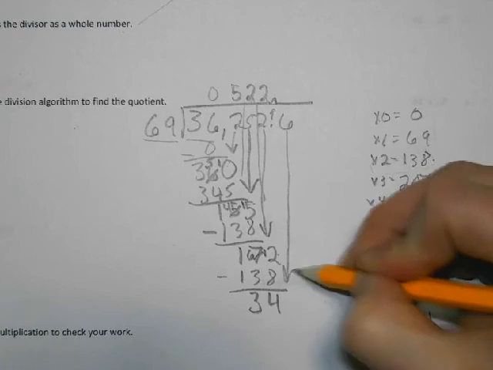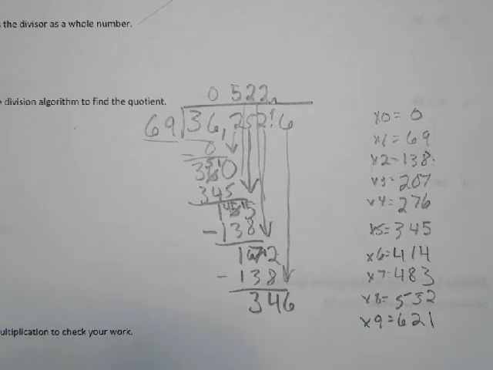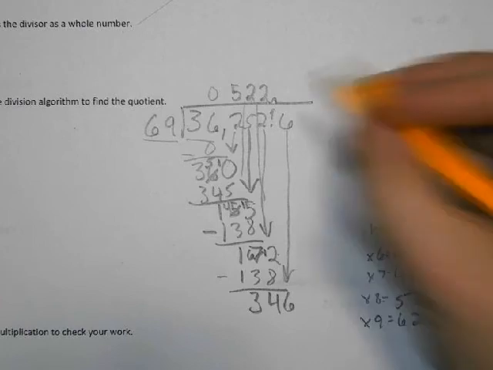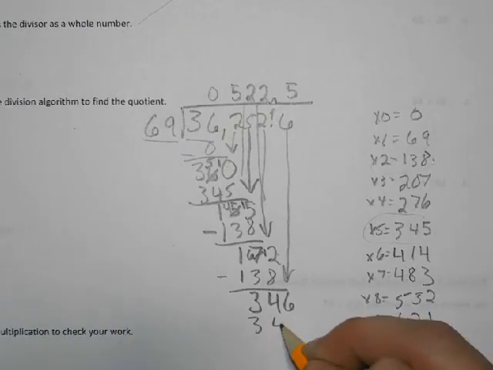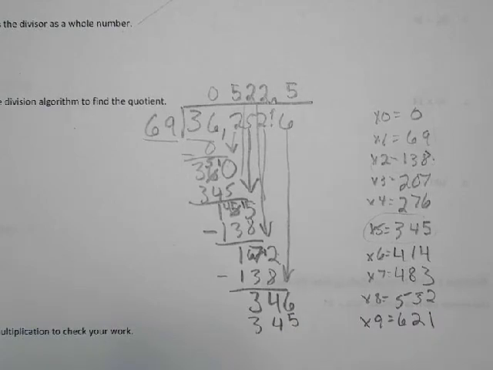I bring down my 6. That's 346. It can go in there 5 times. And I put a 5 here. That's 345. When I subtract that, I get a 1.